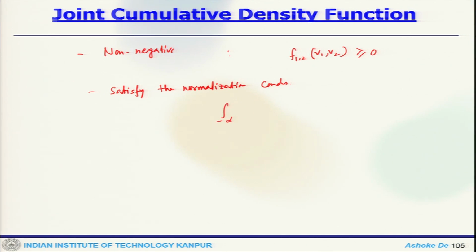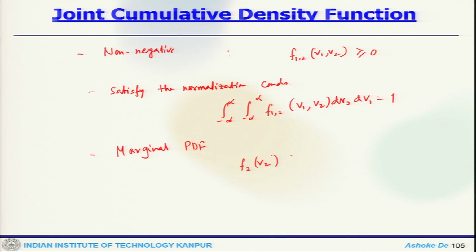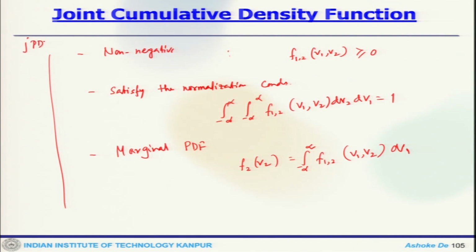That means the integral from minus infinity to plus infinity of f12(V1, V2) dV2 dV1 equals 1, and the marginal PDF, where you get f2 equals the integral from minus infinity to plus infinity of f12(V1, V2) dV1. So these are some of the properties of the JPDF, joint probability distribution function.